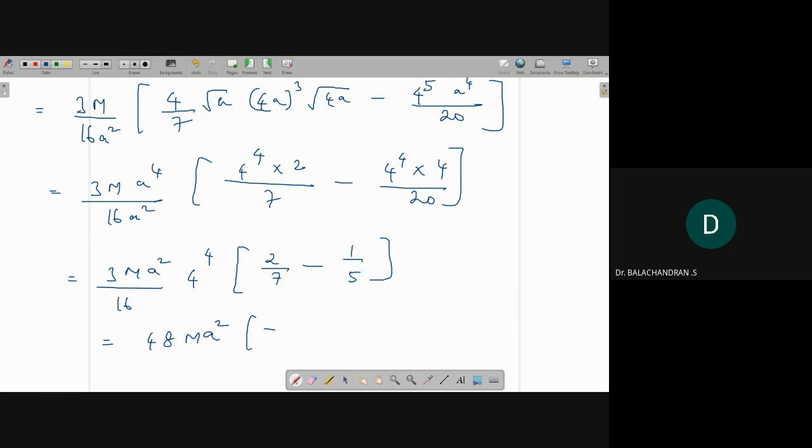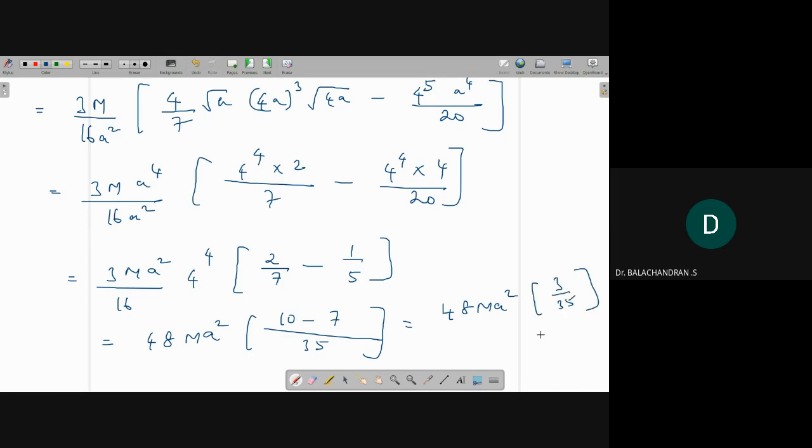Okay, if you take 35 as LCM, 10 minus 7, so this is 3 by 35. 48 m a square into 3 by 35.